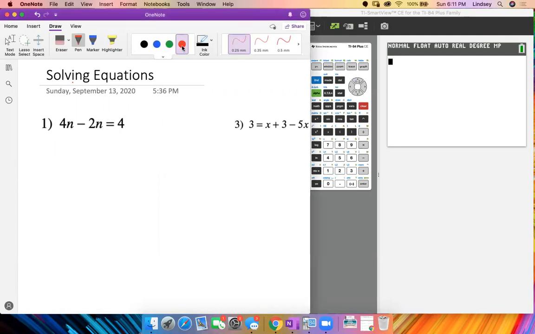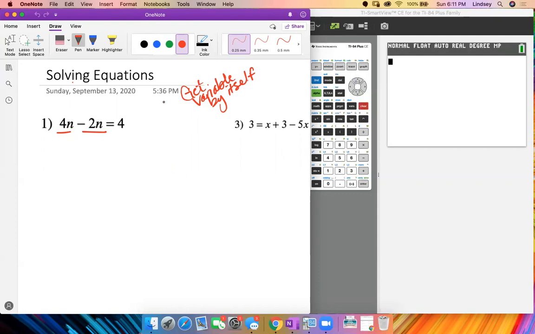So the first thing I notice when I'm solving equations is I have to remember what my goal is. And my goal is to get the variable by itself. Okay? So, for example, I notice first off that I have 2 of the exact same variables.